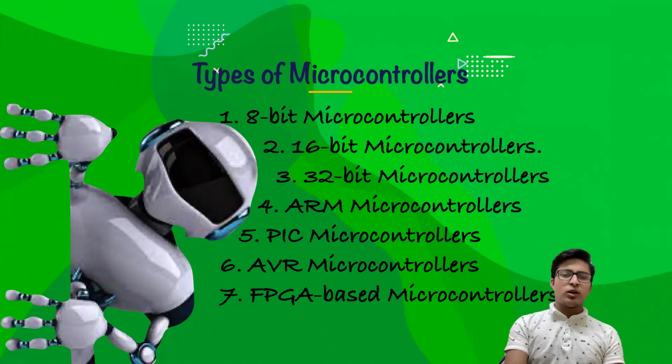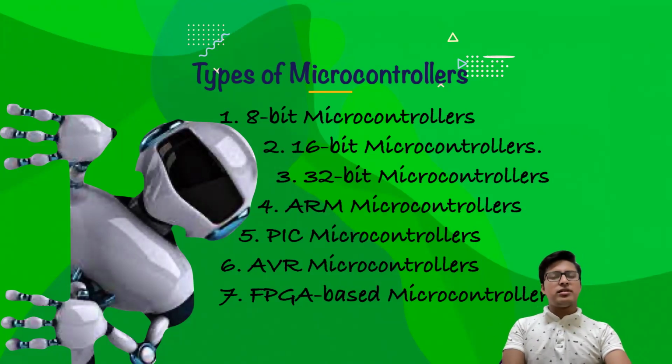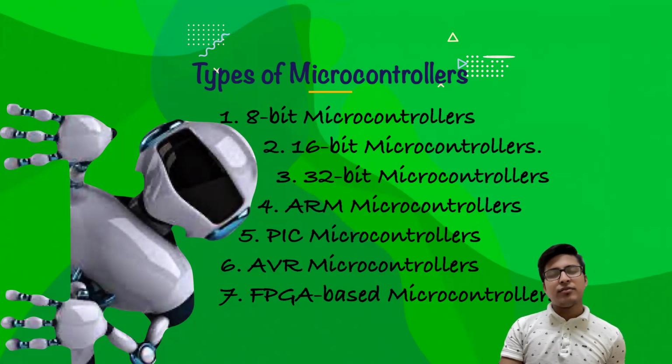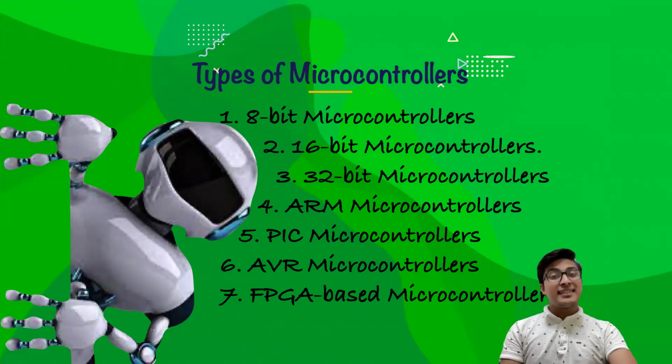Now, I hope you have the idea of bit, byte, kilobyte, megabyte. We all recharge our mobiles with 1 GB per day, 2 GB per day. So gigabyte, GB, right? These are the memory units. I hope you are all accustomed to them. Now you see the very basic classification method. Number one, 8-bit microcontrollers. Number two, 16-bit microcontrollers. Number three, 32-bit microcontrollers. Number four, ARM microcontrollers.